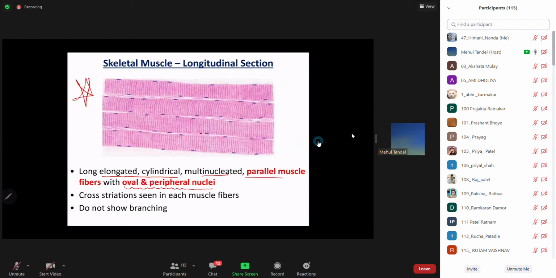Cross striations are seen in each muscle fiber, and they are unbranched, do not show branching. So these are all the features of skeletal muscle. You can say long, unbranched, elongated, cylindrical, multinucleated, parallel muscle fibers with oval and peripheral nuclei. Fibers are cross-striated.